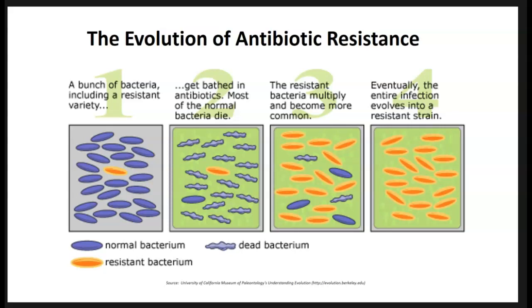Normally, these resistant mutations don't provide any benefit for the bacteria. However, if those bacteria are introduced into a situation where there are antibiotics present, the normal or wild type bacteria will be killed or prevented from growing by the antibiotic. That allows those resistant variants a chance to take over their environment. So this is the concept of survival of the fittest. When there is an environmental condition that promotes the survival of a particular genetic variant, then that genetic variant becomes dominant in the population.